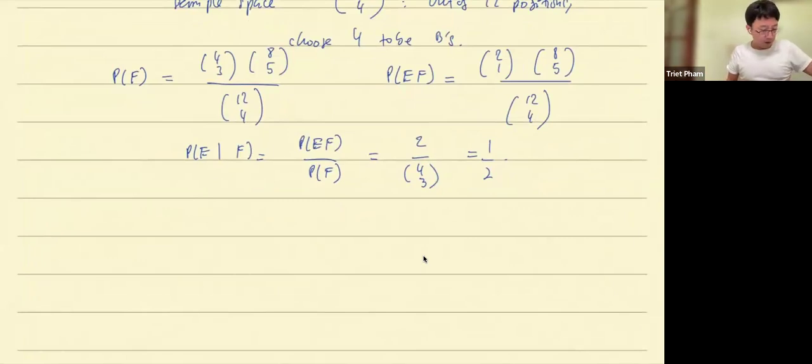All right. So let's continue on to 3.3, which is called Bayes formula.